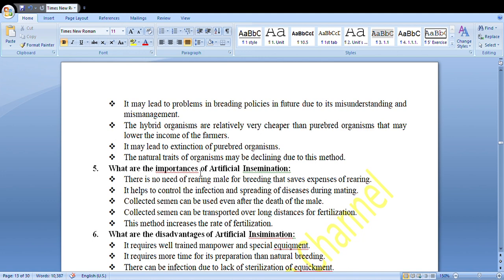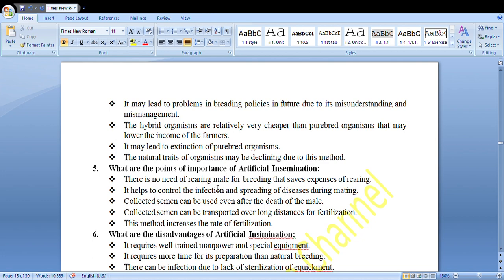What are the importances of artificial insemination?